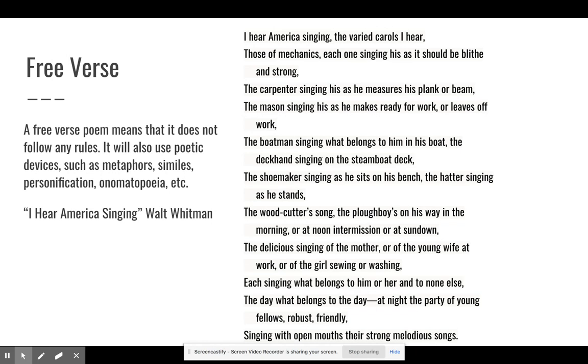So here's an example of a free verse poem called I Hear America Singing by Walt Whitman. I hear America singing the varied carols I hear, those of mechanics, each one singing his as it should be, blithe and strong.